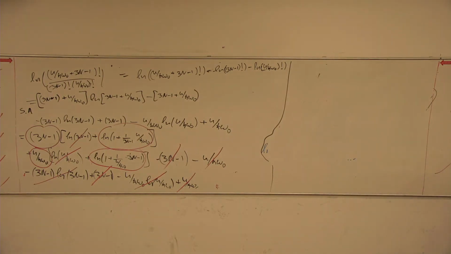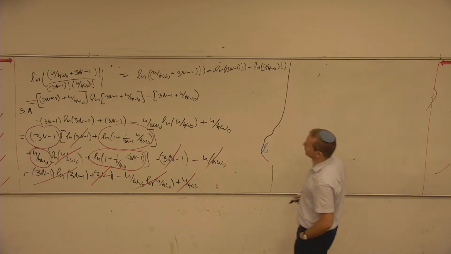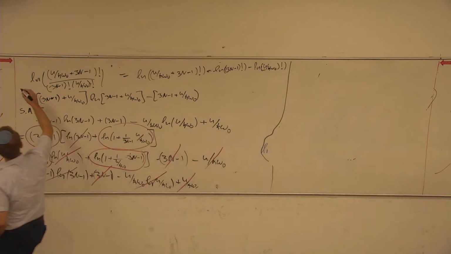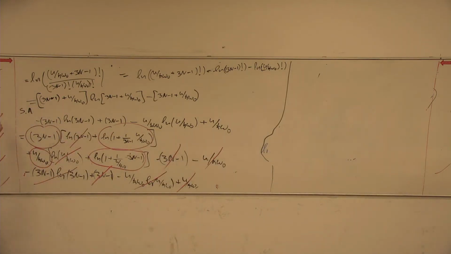Pretty straightforward so far, right? At least the beginning was straightforward, we just split things up. So what was this? This is the log of the number of states, and the log of the number of states equals S divided by k Boltzmann.